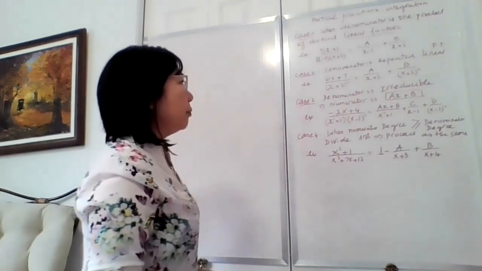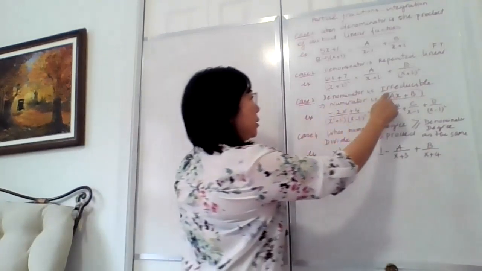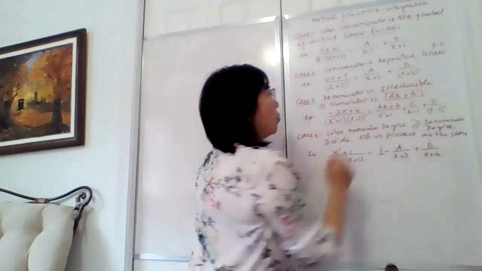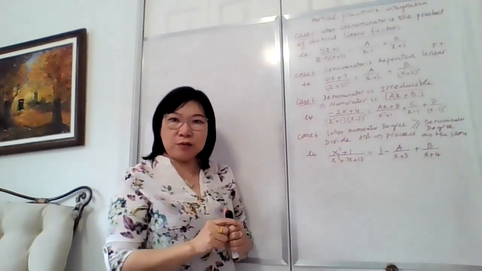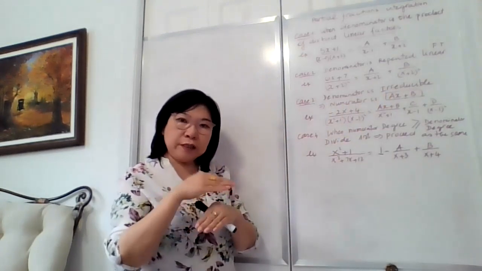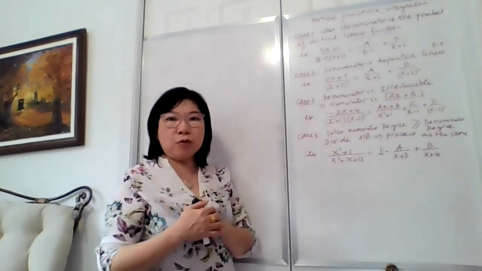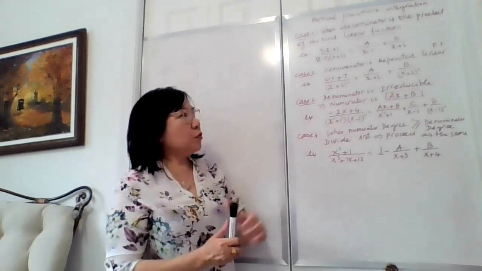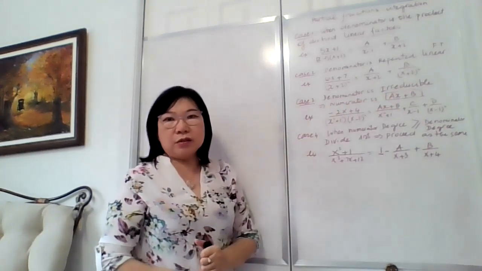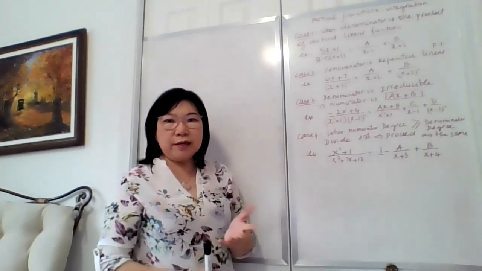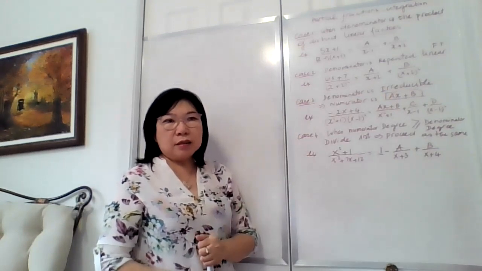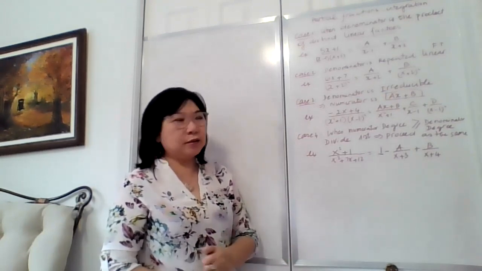Now in case 3, the denominator is irreducible. Now what do we mean by irreducible? Reduce means you can factor and reduce them and simplify them. Irreducible means you cannot. So basically the word irreducible here is the same as cannot be factored.